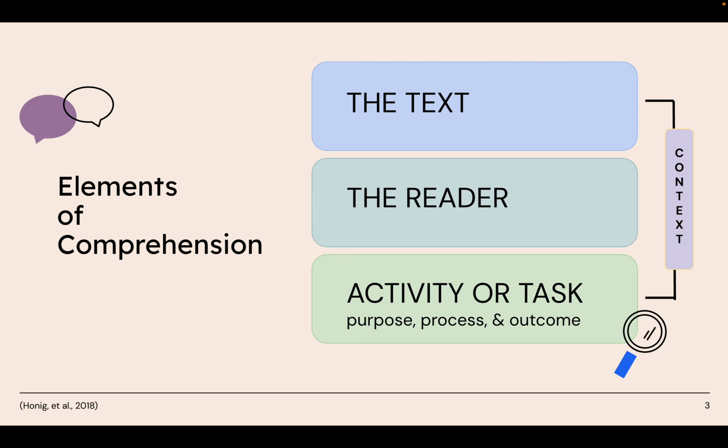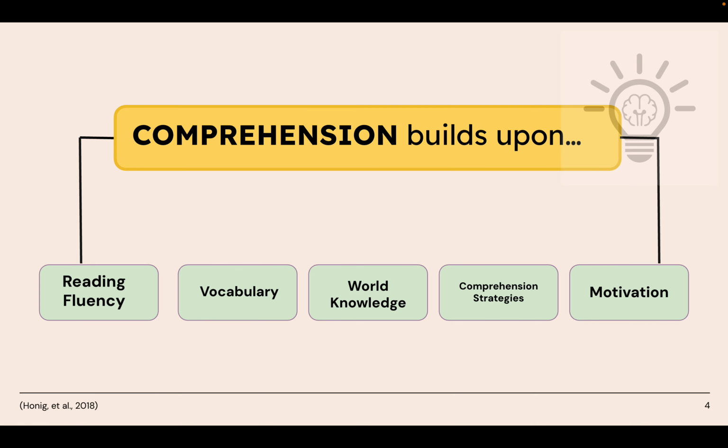What are we supposed to be gaining from this specific text? And across all these elements, we have cultural context guiding how the reader interacts with the text and how the reader completes the activity or task, based on the experiences and prior knowledge that they bring to the table. When we think of comprehension, we think of some competencies that the reader builds upon in order to gain meaning from the written word.